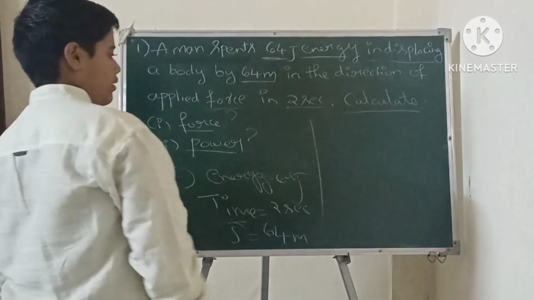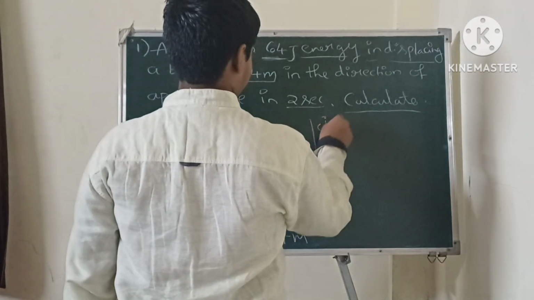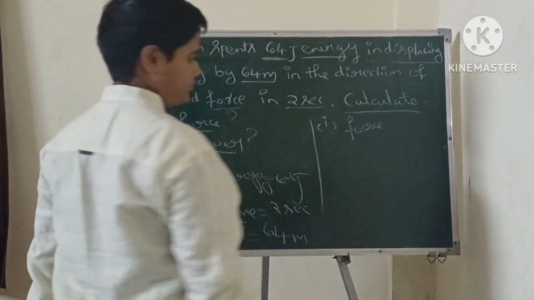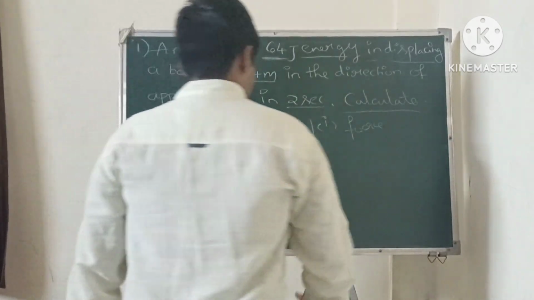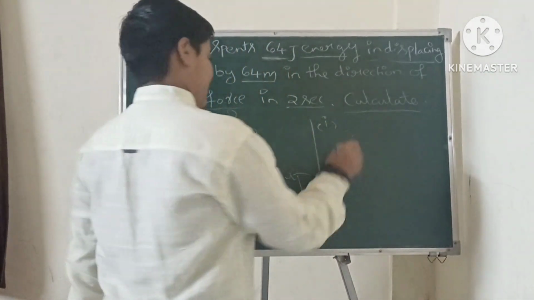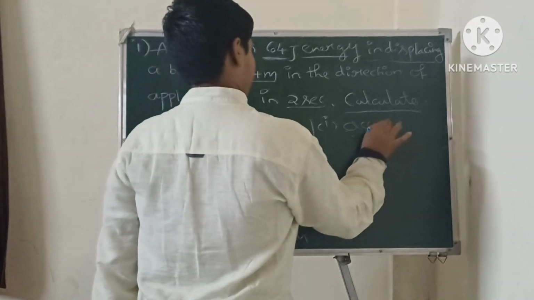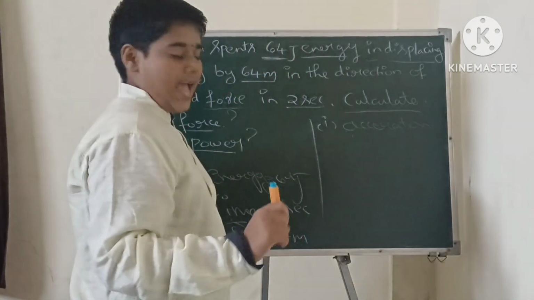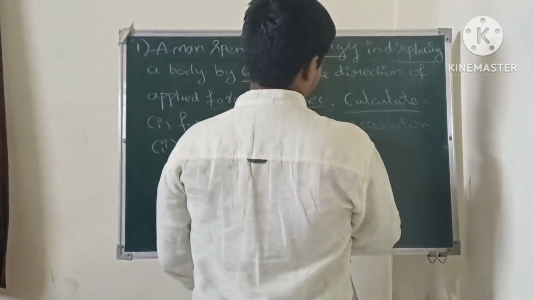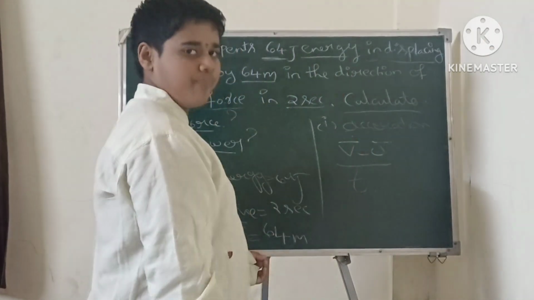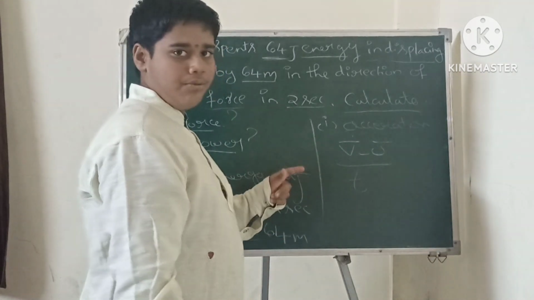Okay. So we have to calculate force first. Before going to force, we have to calculate acceleration. The acceleration formula is v bar minus u bar by time. Here initially 0.